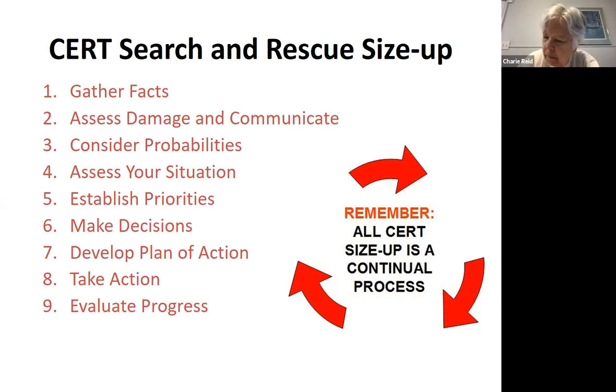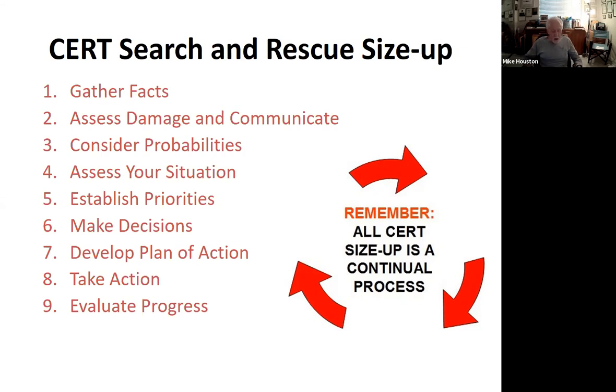How are you going to gather the facts, verify the facts, verify the authenticity of some of the information that you've gotten? Even if you get assigned something from the command post, it may not be based entirely on facts. Not everybody deals with this sort of situation as well as we'd like them to. And so you may be getting bad information or maybe only half information. So you want to make sure you gather all the facts you can.